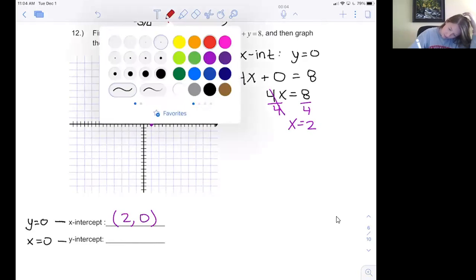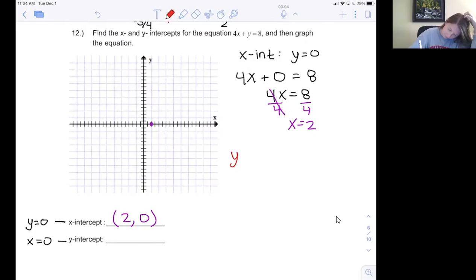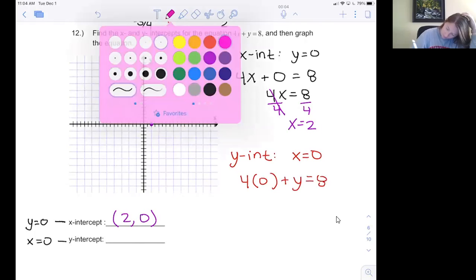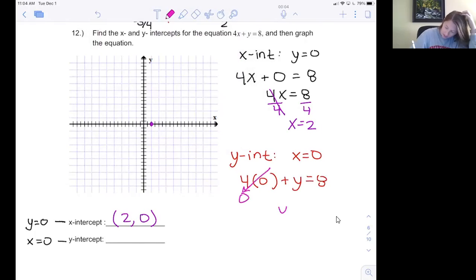Okay, now for my y-intercept. This is when x equals 0. So I'm just going to plug in 0 for x. So I have 4 times 0 plus y equals 8. 4 times 0 is just 0. So I just have y equals 8. So when my x is 0, my y is 8. So I have 2, 4, 6, 8 right there.